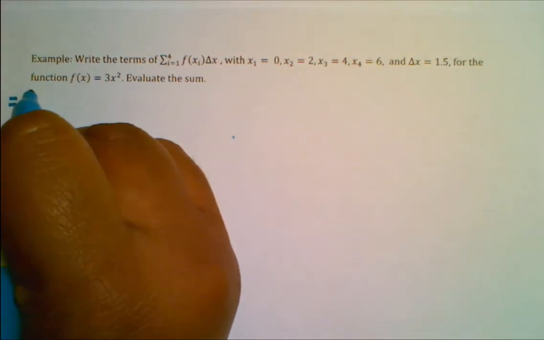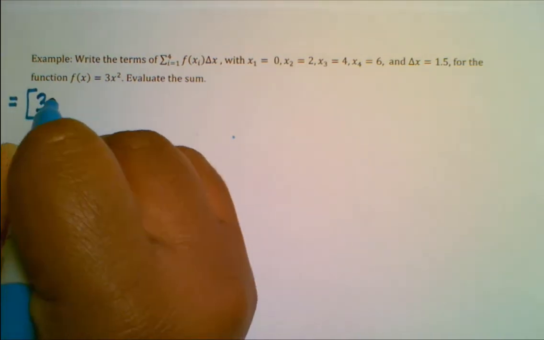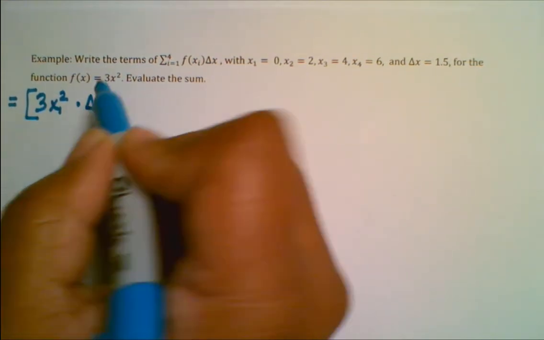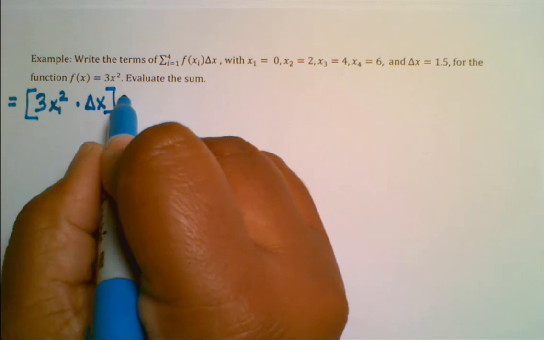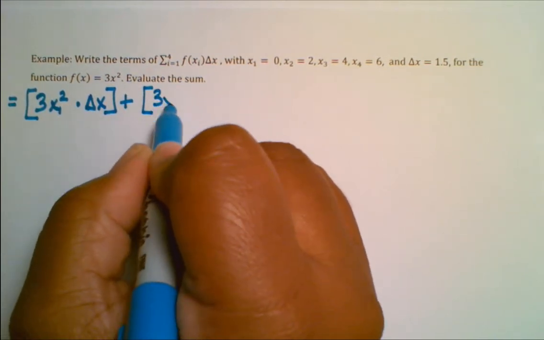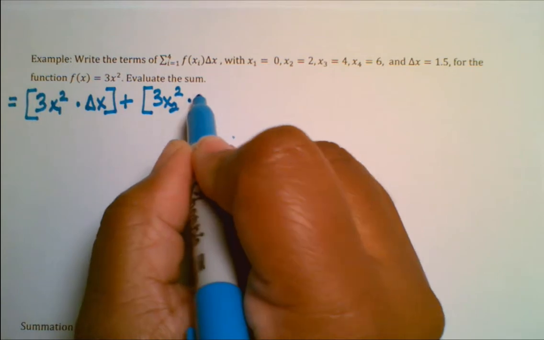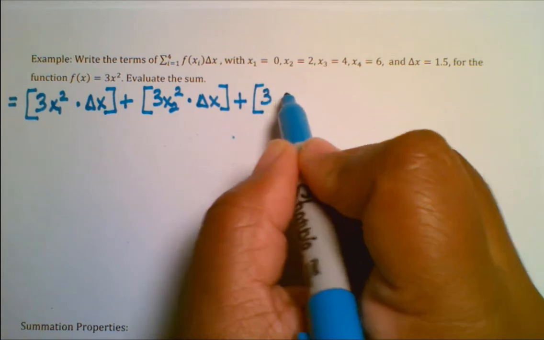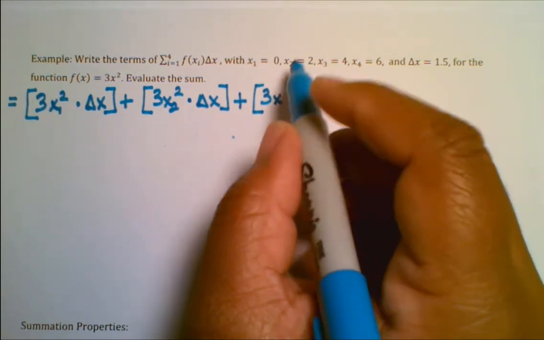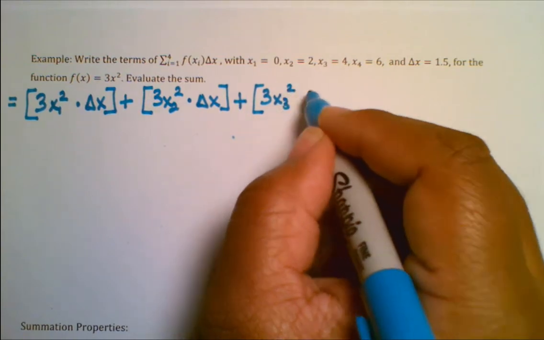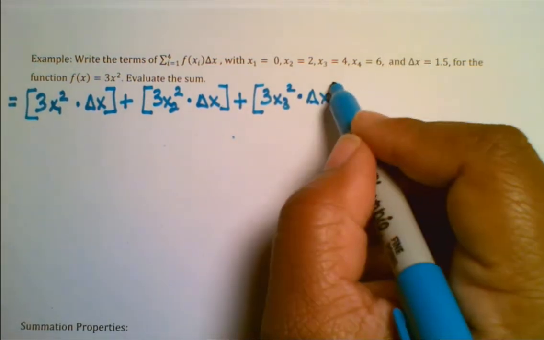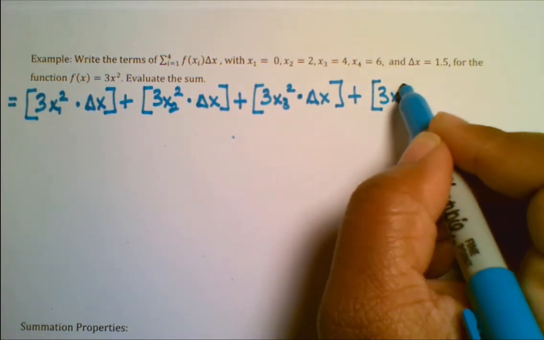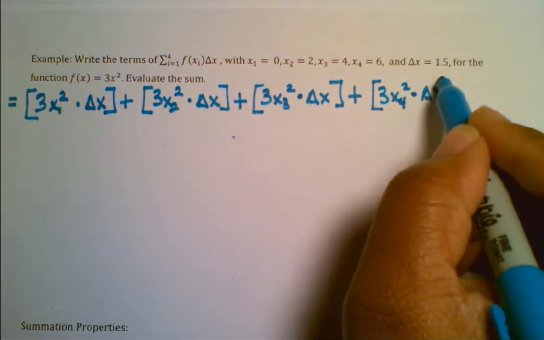So you're saying here 3 times x of 1 squared times delta x, plus 3 times x of 2 squared times delta x, plus 3 times x of 3 squared times delta x. And then lastly, 3 times x of 4 squared times delta x.